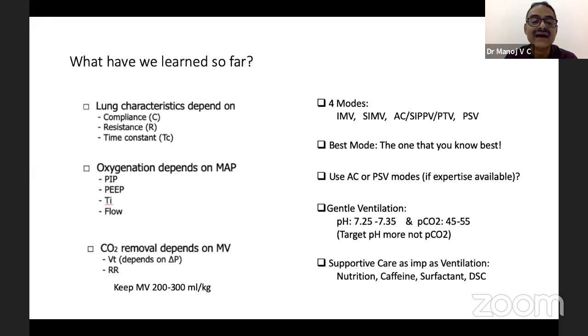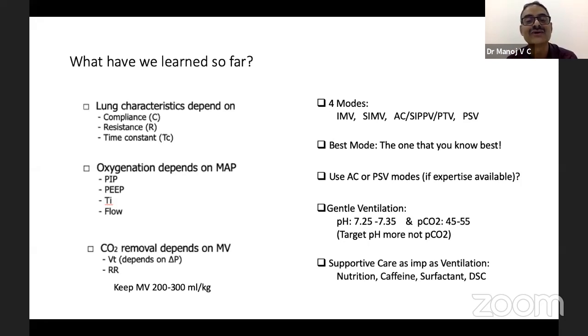But inside the lung, if you want to control oxygenation, FiO2 and MAP are your key buttons, and MAP depends, we said, on PIP, PEEP, inspiratory time and flow. Ventilation is purely a lung affair, so the gold standard would be the minute ventilation, because alveolar ventilation is what you want to target.